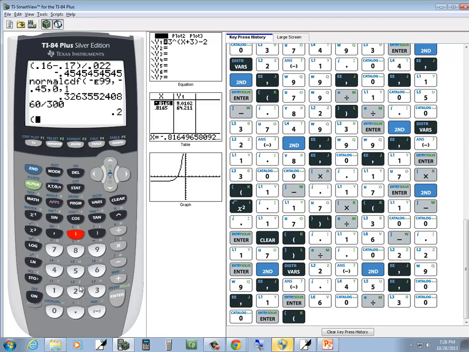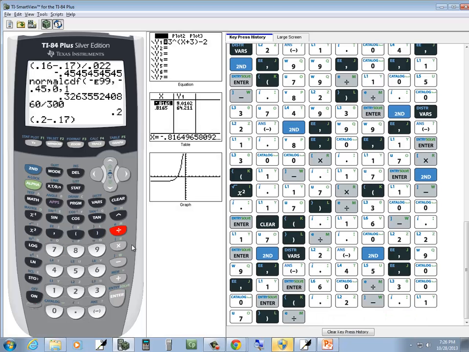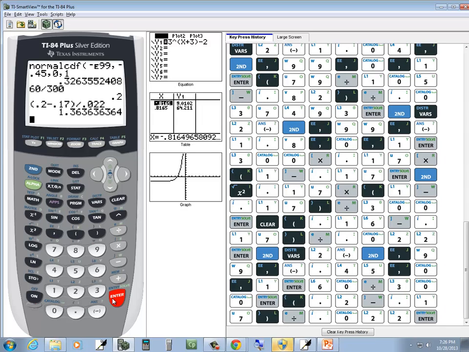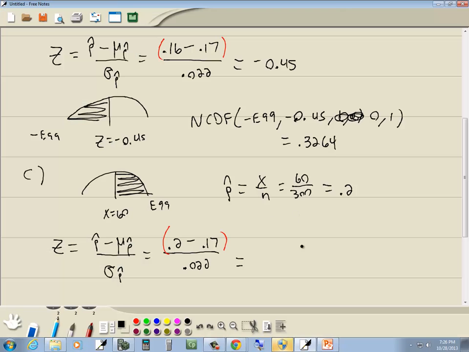So beginning parentheses 0.2 minus 0.17, close parentheses, divided by 0.022. To 2 decimal places, we get 1.36. Is that positive? Yeah, it is.